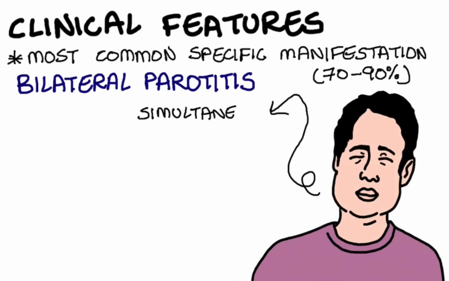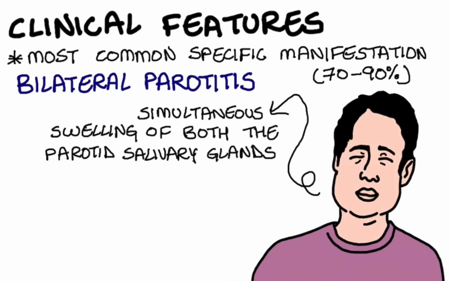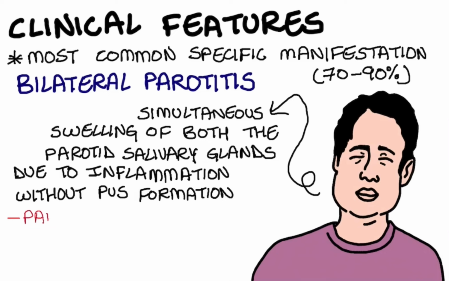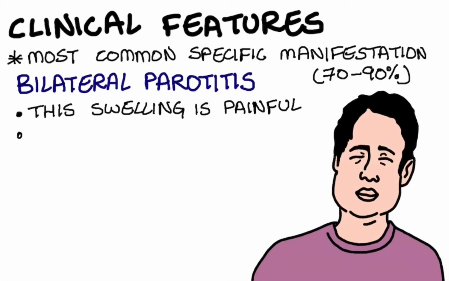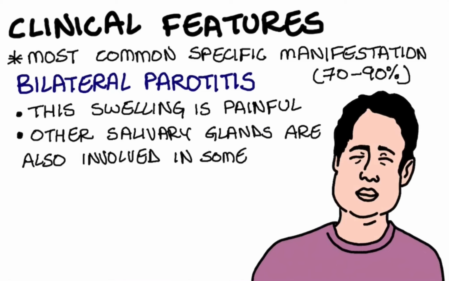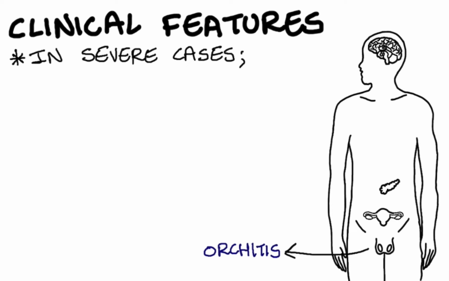It is the simultaneous swelling of both the parotid salivary glands due to inflammation without pus formation. So, the parotid salivary glands are enlarged and tender. This swelling is painful. Other salivary glands are also involved in some cases. In severe cases, it causes orchitis and aseptic meningitis.